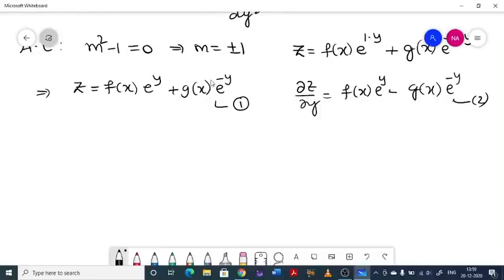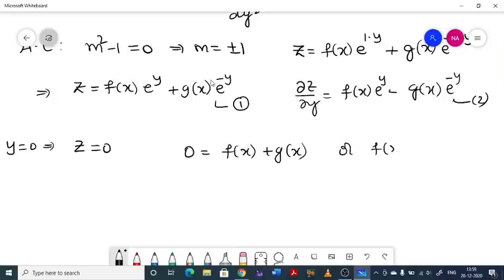Now using the given conditions, first condition, when y = 0, we have z = 0. Using this in equation 1, 0 = f(x) + g(x), or you can take f(x) = −g(x). They are of opposite signs.